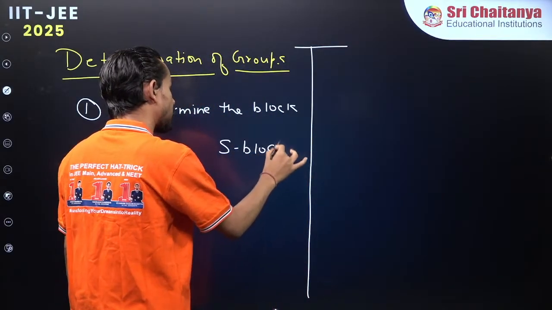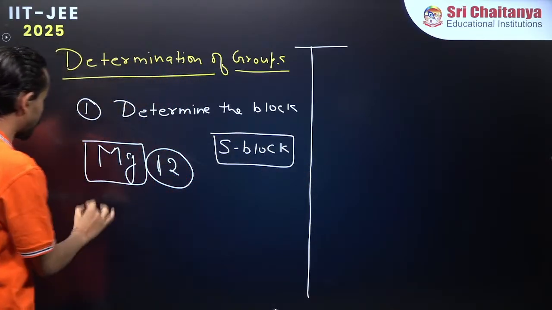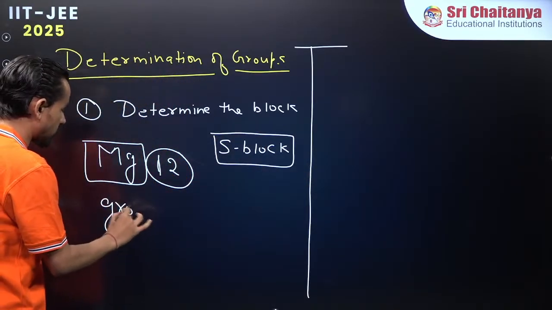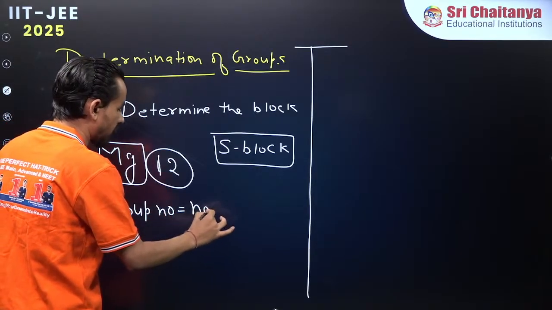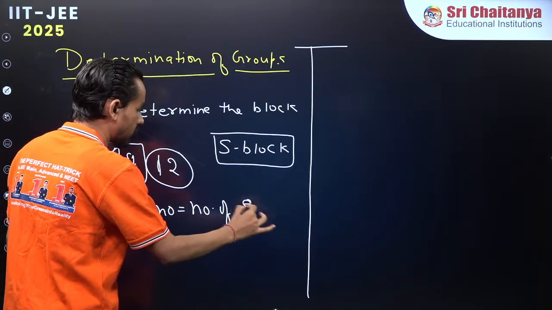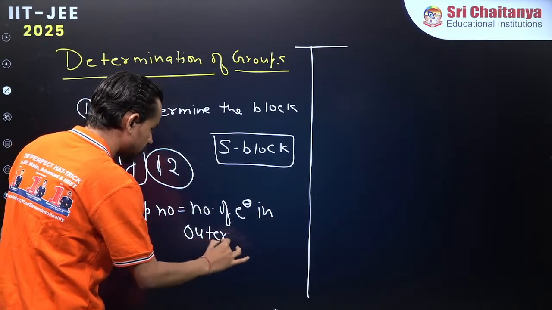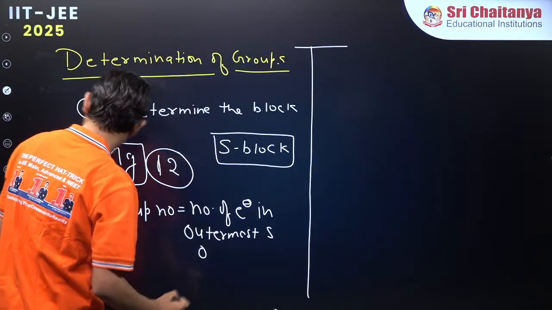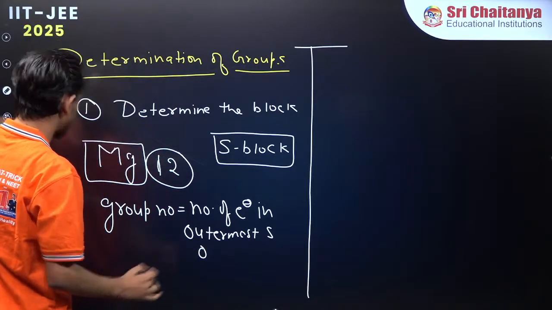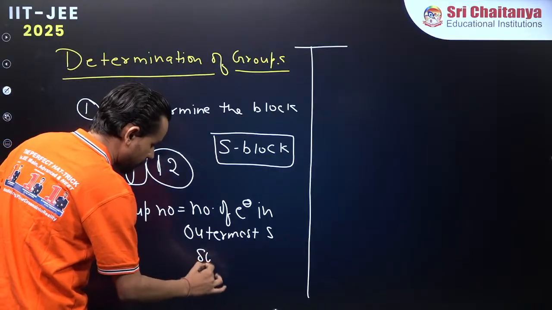Whenever some S block element is there, how do you determine the group number? The group number is equal to the number of electrons in the outermost s orbital, or we can say the outermost s subshell.